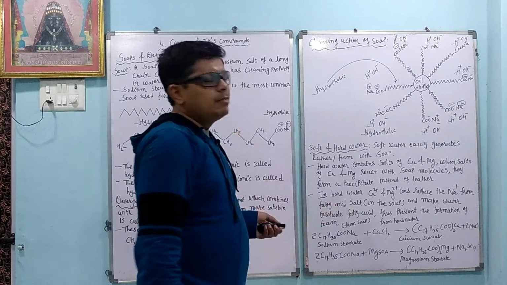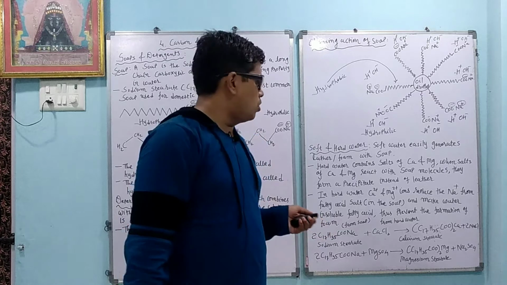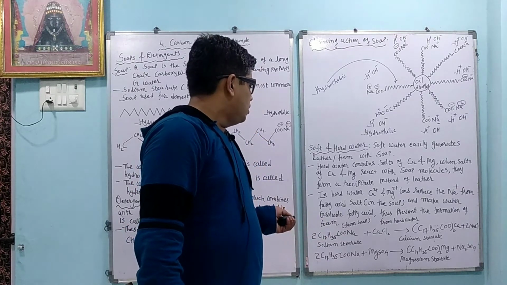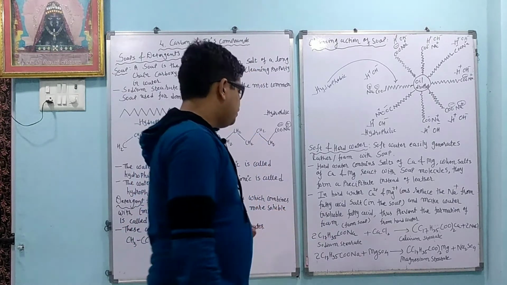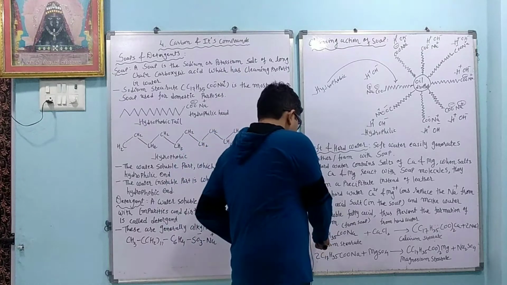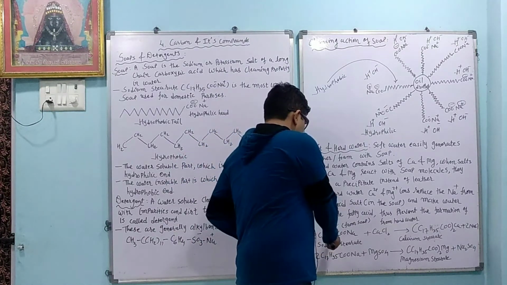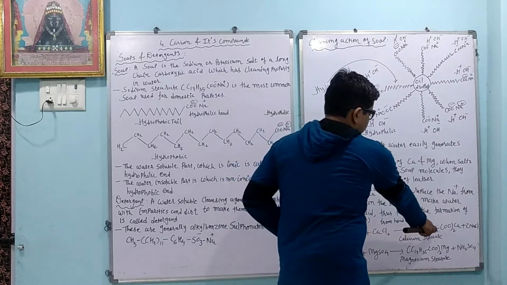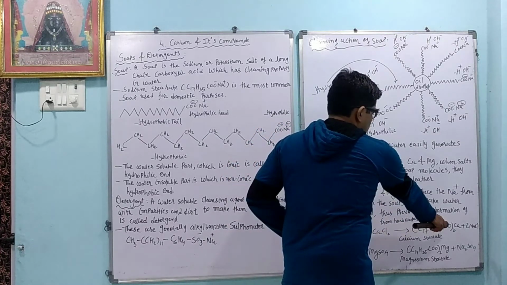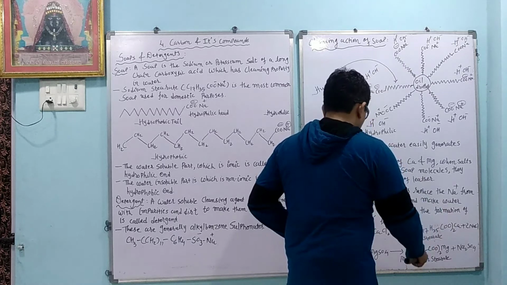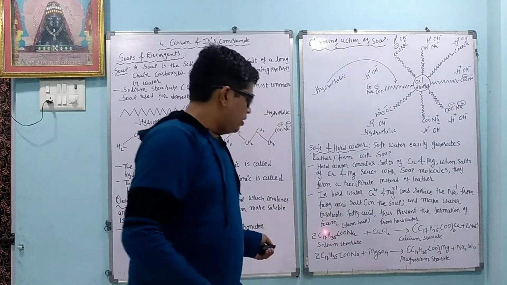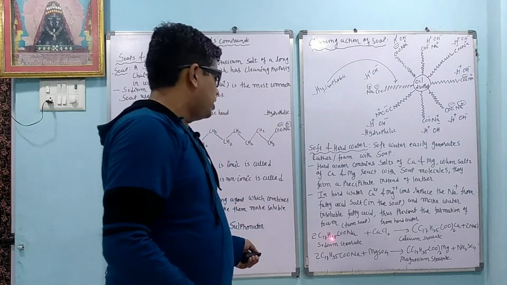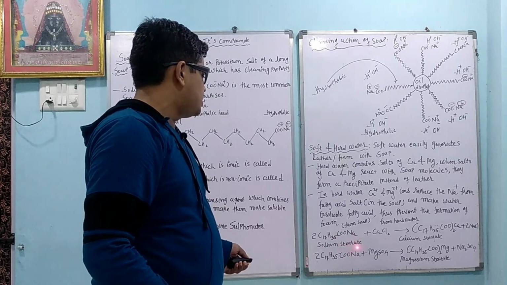Dear student, fatty acid means a long chain acid. So a long chain carboxylic acid is called a fatty acid. We can take an example here: sodium stearate plus CaCl2 gives (C17H35COO)2Ca plus 2NaCl. Concentrate here in the reaction: 2 moles of C17H35COONa, that is called sodium stearate.